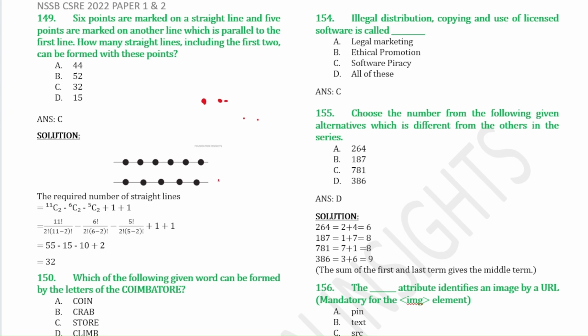And then similarly in this case, there will be a time when we have already used the points to make the straight line. So 5C2. In the question they have already mentioned that including the first 2 lines, that means this line and this line, so that is 1 plus 1. So now after solving you will get the answer as 32.